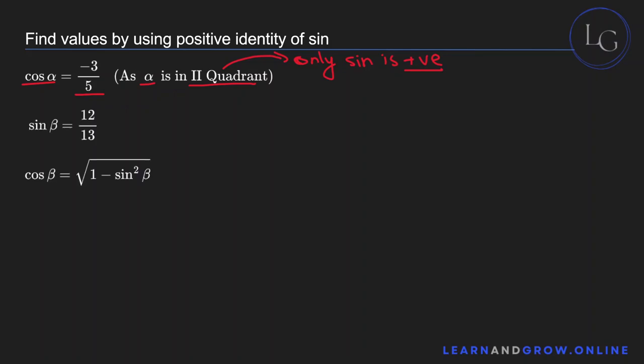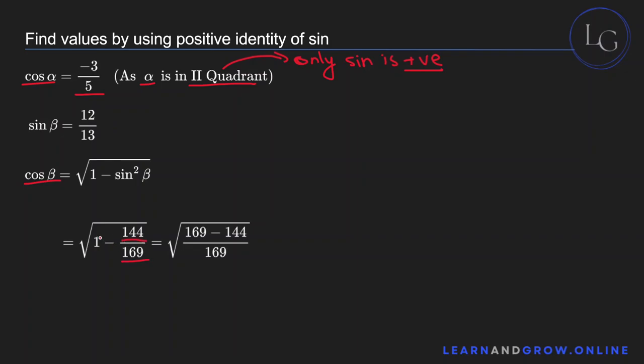Okay. Now, we know that sine beta is equal to 12 by 13. We'll apply the same logic to find cos beta. Cos beta is equal to 1 minus sine square beta whole under root. Now, obviously, sine square beta is equal to 12 square over 13 square, which is 144 over 169.